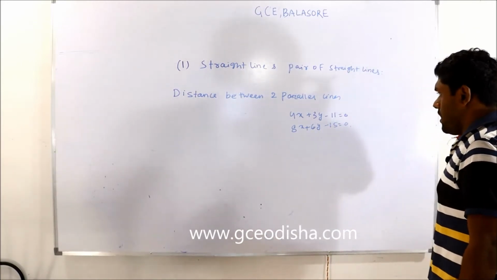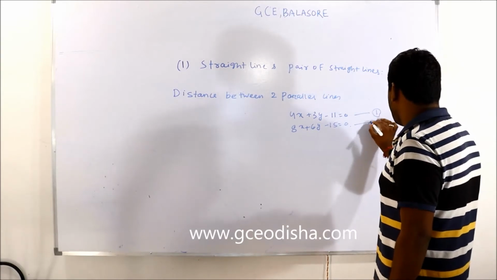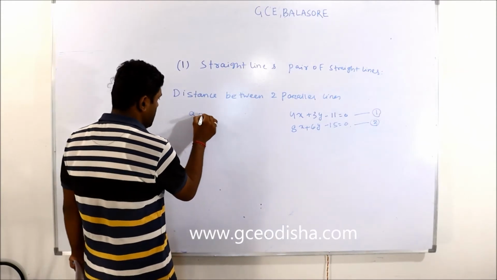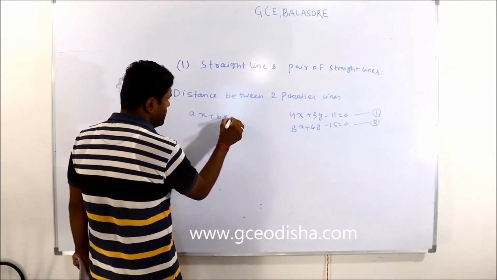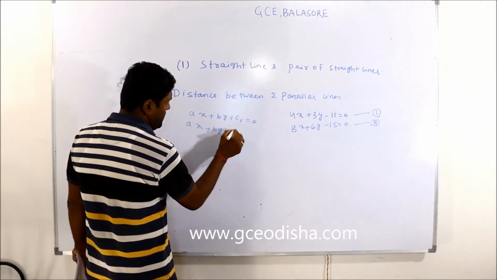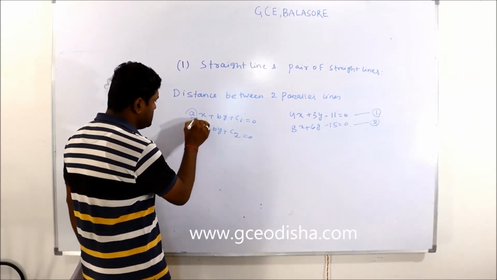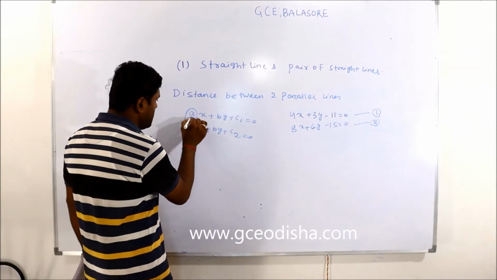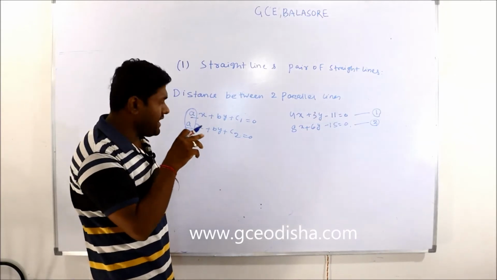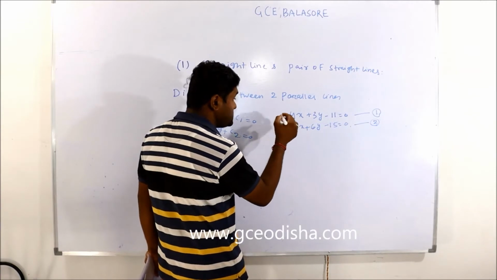These are two lines, line 1 and line 2. What I told you above: ax plus by plus c1 is equal to 0 and ax plus by plus c2 is equal to 0, the coefficients of x and y in both parallel line equations will remain the same.